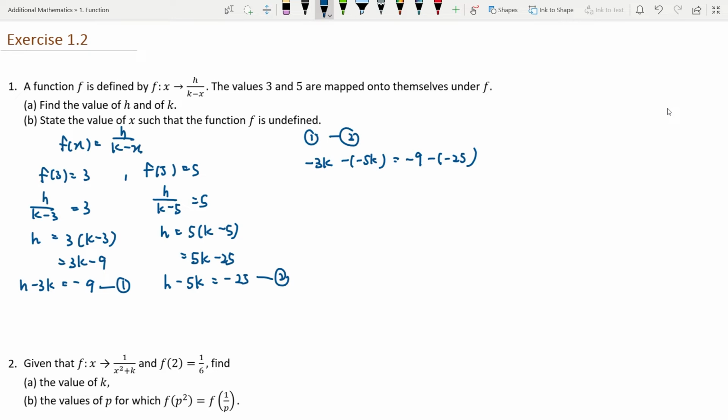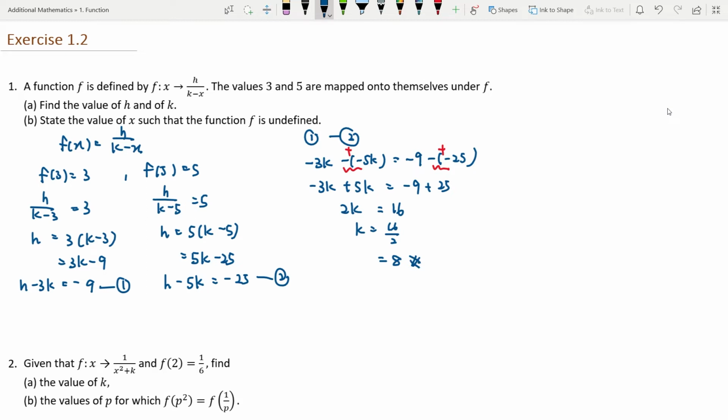Expand the bracket. We have negative 3k plus 5k, negative and negative, we get a positive. Same for here, equals negative 9 plus 25. Simplify them. We have 2k equals 16. k will be 16 divided by 2, which is 8.